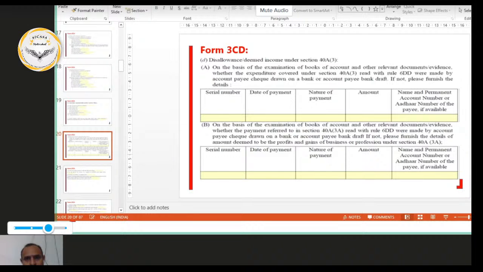Slide number 20? What is the serial number? Can you read the first line? It's not changing.